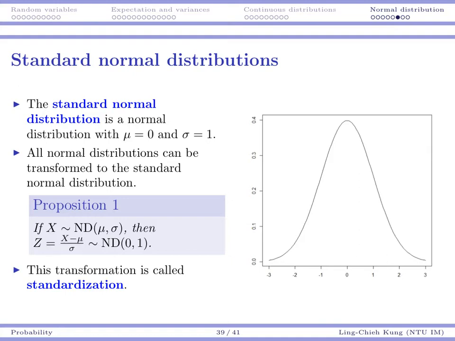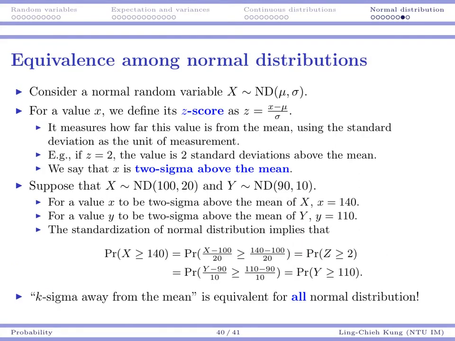Okay, let's see some examples. Suppose I have X, which is normal with mean mu and standard deviation sigma. We know that we have something called the z-score, and the z-score is (X minus mu) divided by sigma. It measures how far this value is from the mean, using the standard deviation as the unit of measurement.